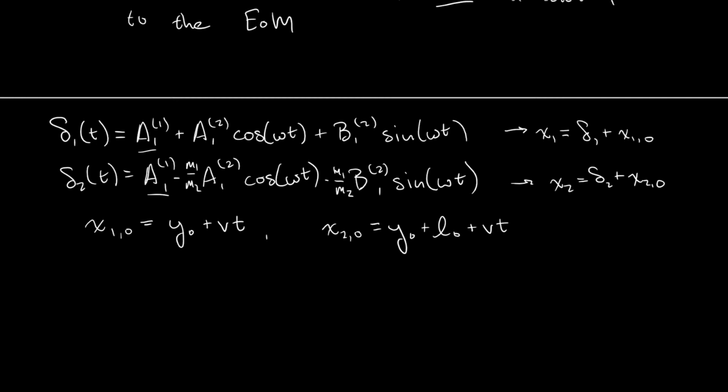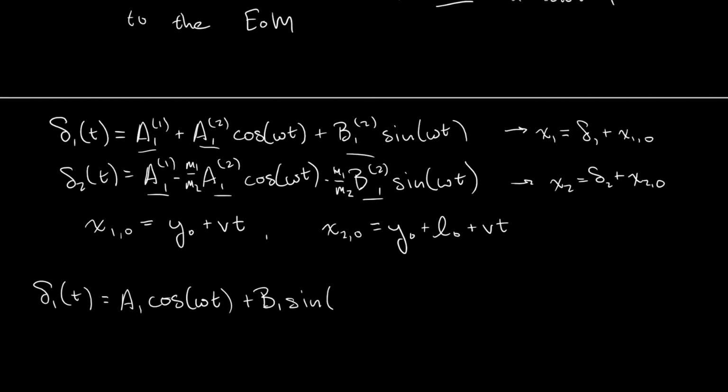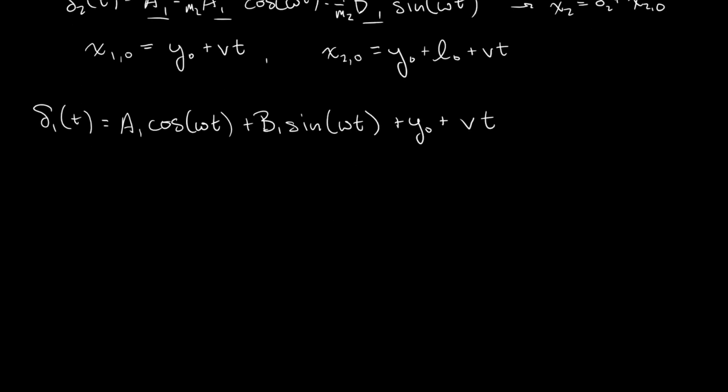And putting all this together, I get my final equations, and I'm just going to rename the a12 and b12 to just a1 and b1, again to cut down the messiness of the solution. And then plus my offset, plus this constant velocity piece.